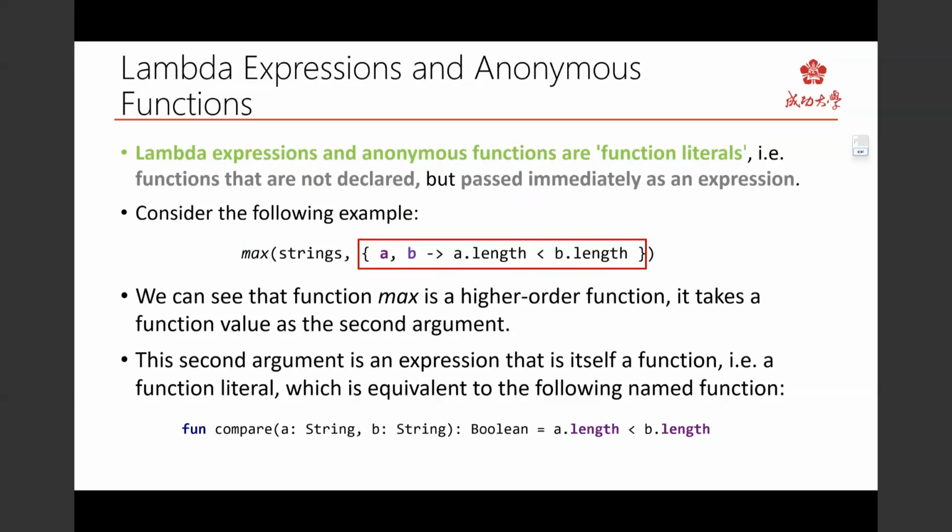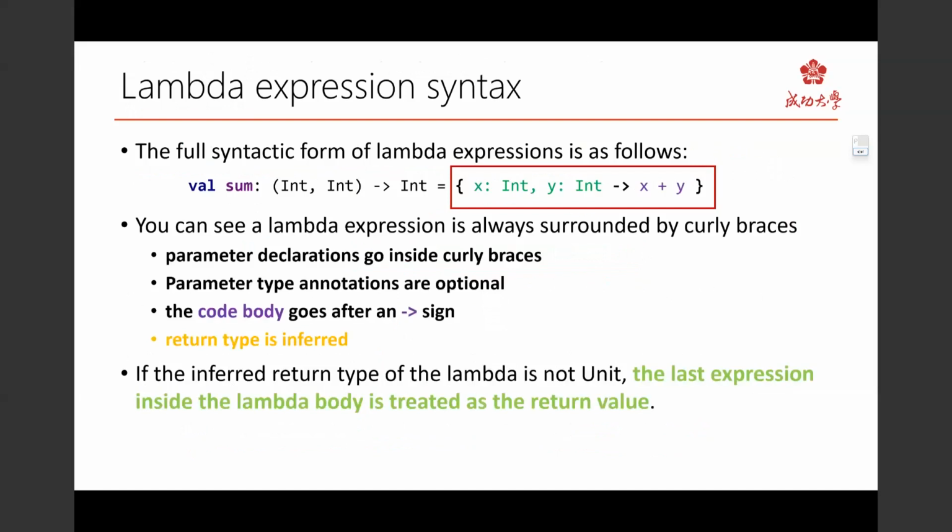This is a lambda expression, and this lambda expression is equivalent to this function, okay? And the full syntax of a lambda expression is as follows. You can see that a lambda expression is always surrounded by curly braces, okay?